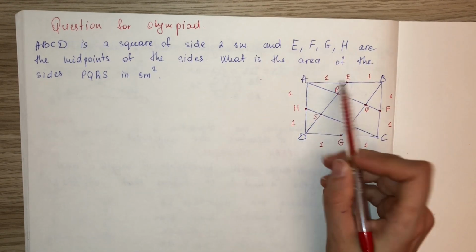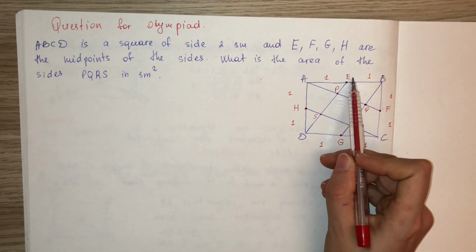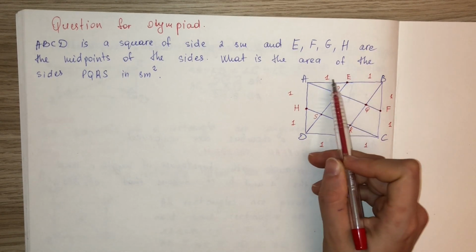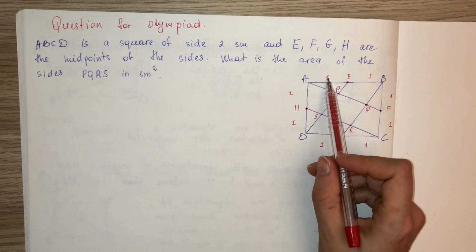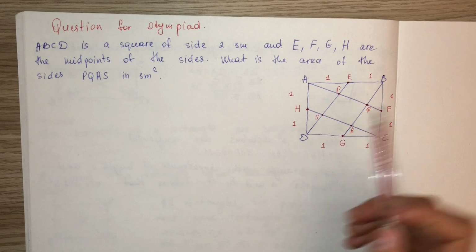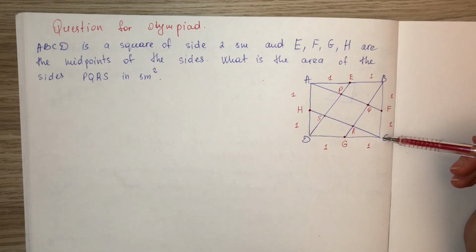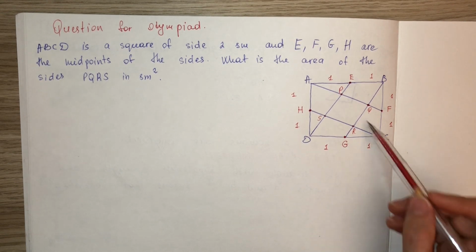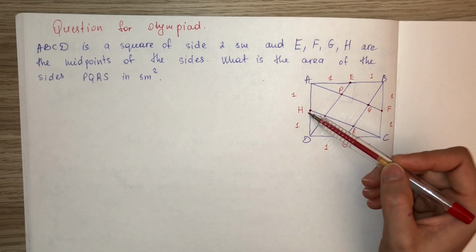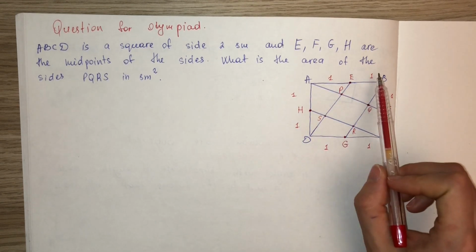E is a midpoint of AB. AE is equal to EB, and both sides are equal to 1. Also here BF is equal to FC, DG is equal to GC, AH is equal to HD, and all these are equal to 1.